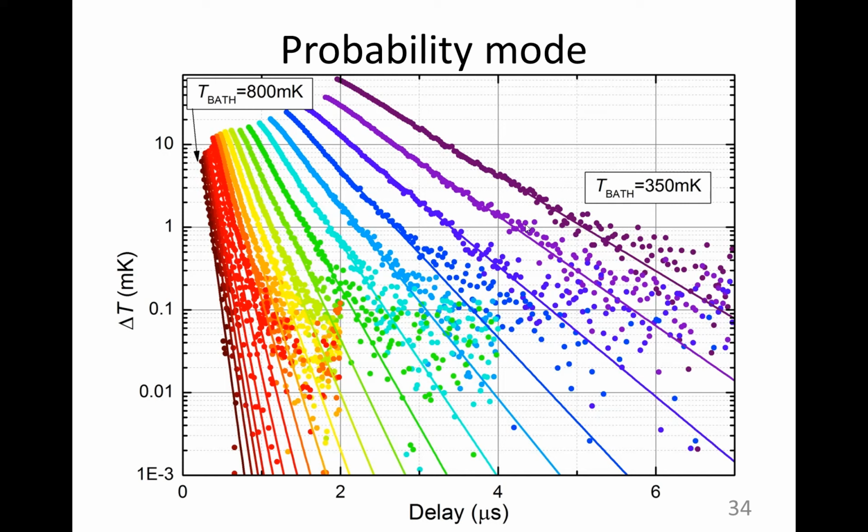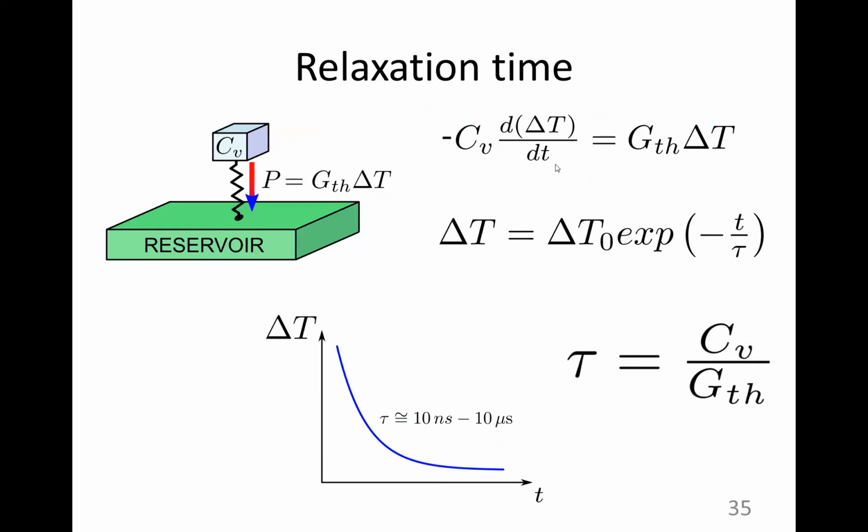Here, the y-axis is in the log scale, so we see that the measured relaxation traces are indeed of exponential character, and we are able to obtain the relaxation times from them. We can fit the slopes to obtain the relaxation lifetimes as a function of the temperature.